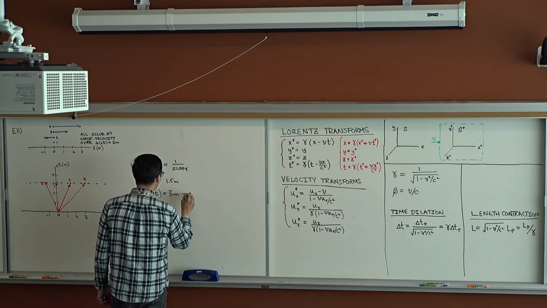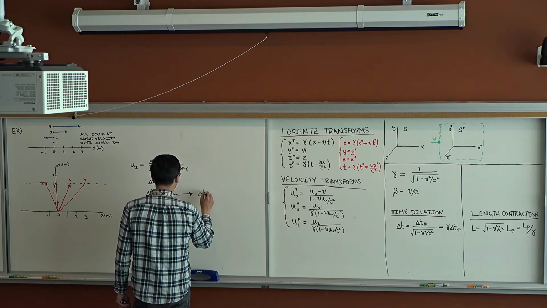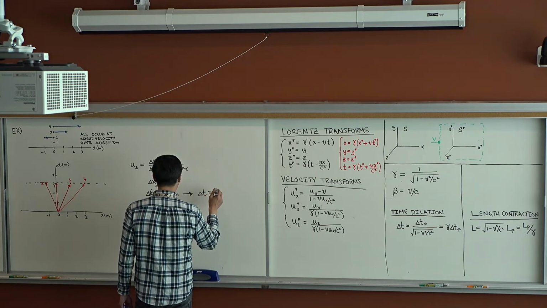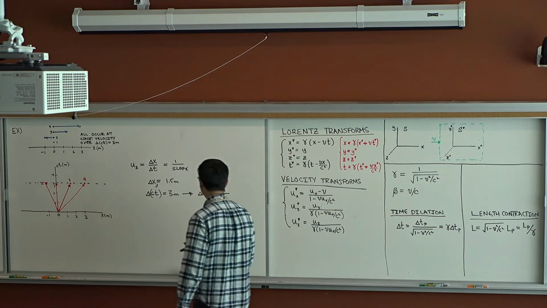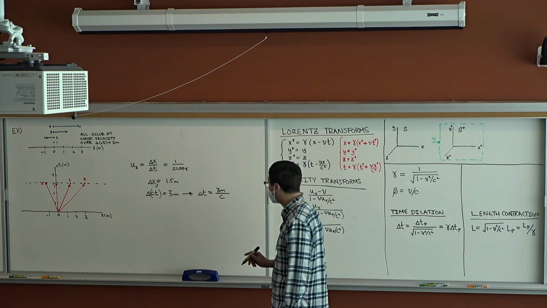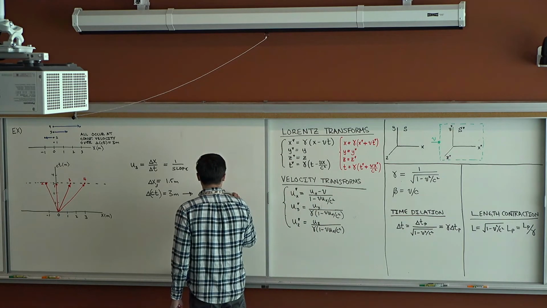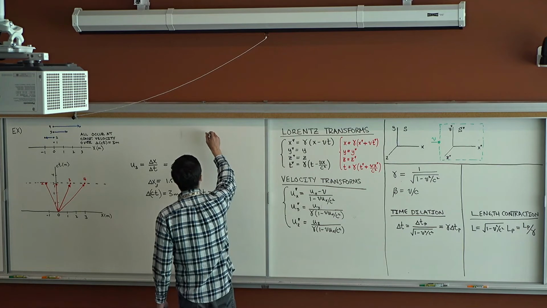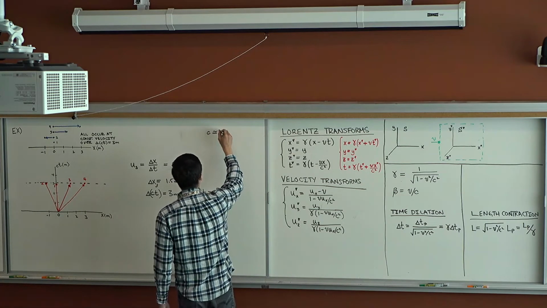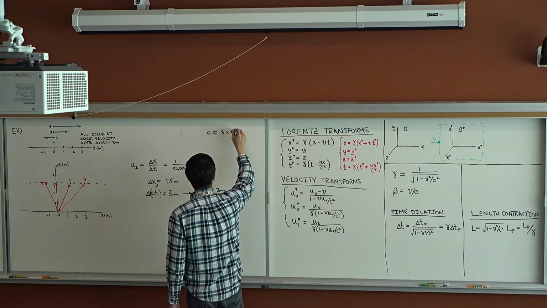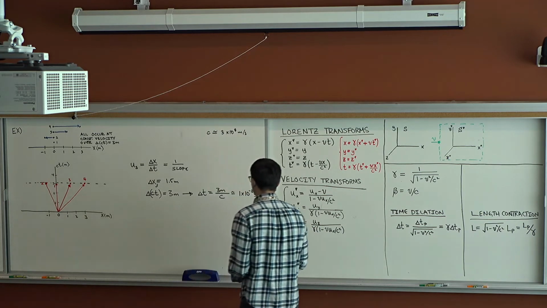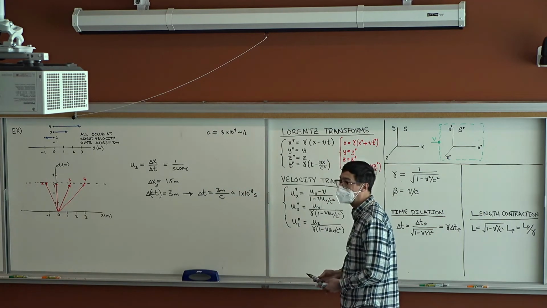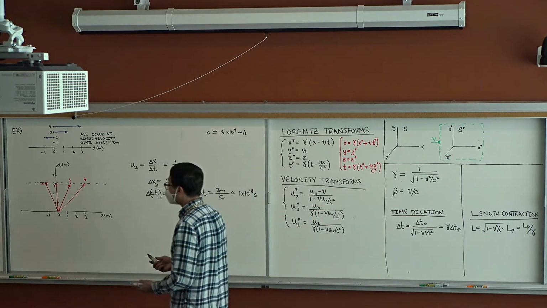And so let's say that implies delta t is equal to 3 meters over c. c is roughly, for our purposes, 3 times 10 to the 8 meters per second. And so this is 1 times 10 to the minus 8 seconds.